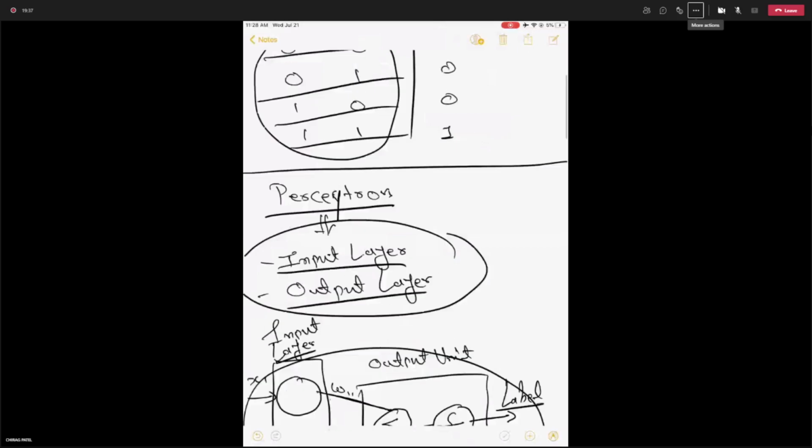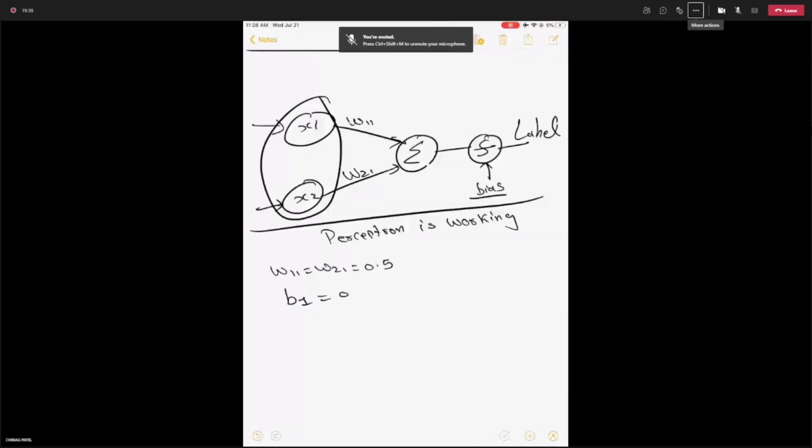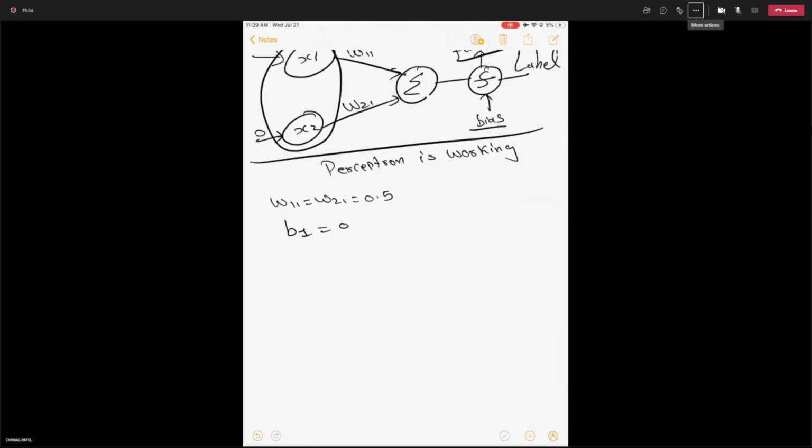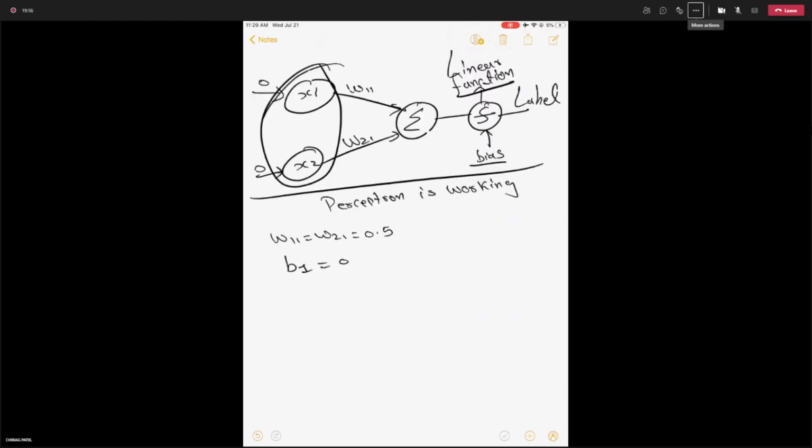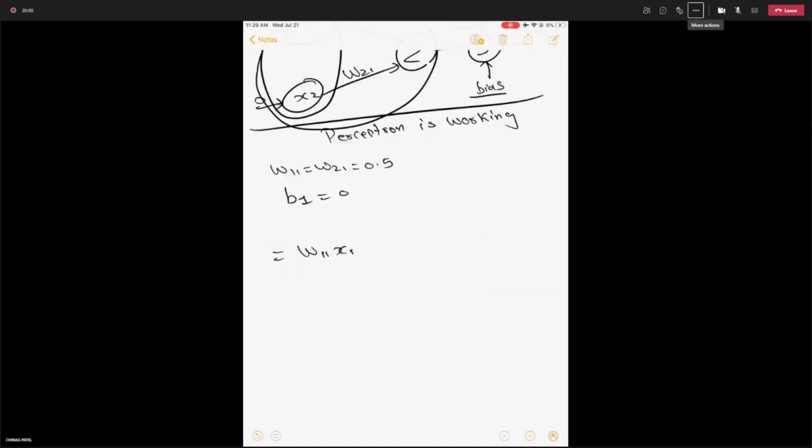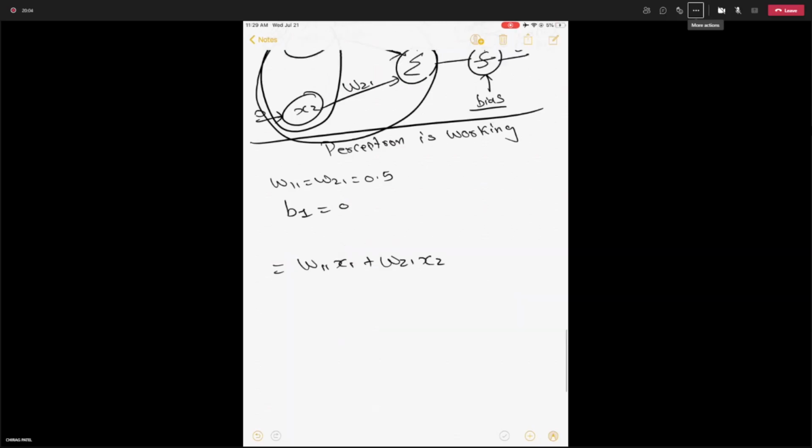So now if we give x1 equal to 0 and x2 equal to 0, we need to see what exactly our output is. Over here we are using a linear function. The equation we formulated is w11 x1 plus w21 x2.